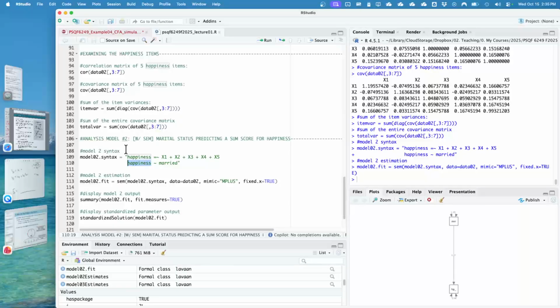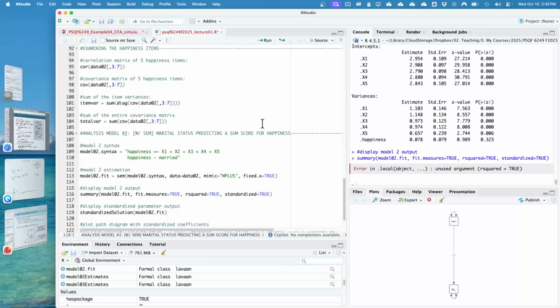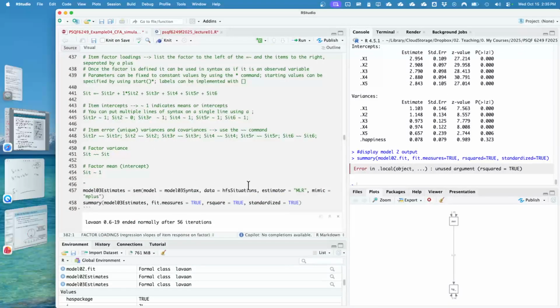So let me run the model as is right now. Let's inspect it. Let's do this. There we go. Did I type those in wrong?